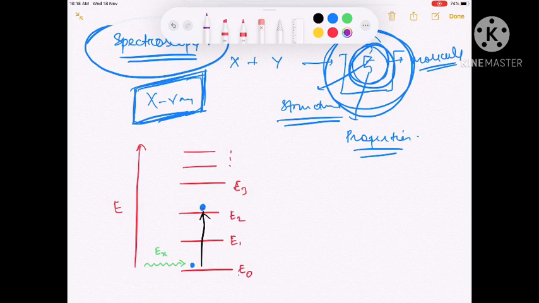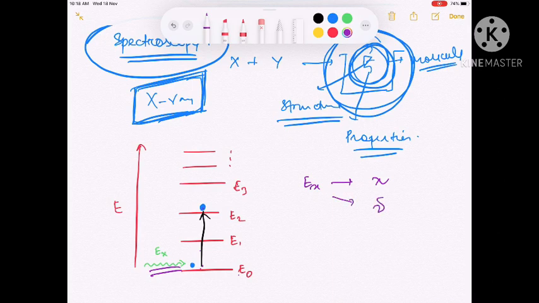Now this energy that we are providing to this electron, this EX, will have some wavelength, and since the electron jumps from this level to this one, it will also have some frequency.